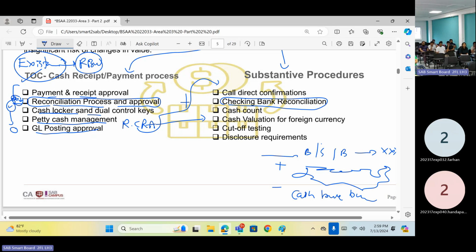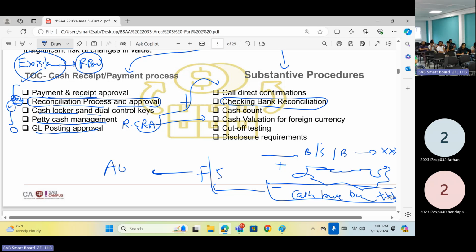So the logic is the cash balance appears in the financial statement. In this financial statement, you are supposed to give the audit opinion. To issue the audit opinion, you have to ensure the financial statement.